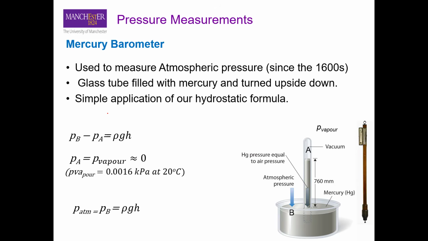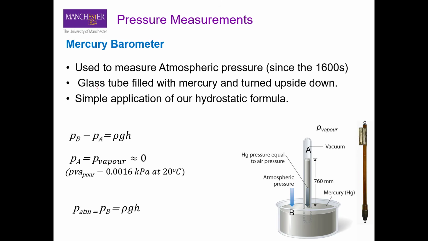So one of the simplest methods or devices to use for pressure measurement is what we call a mercury barometer. This is a device that has been in use since the early 1600s, and that is one of the reasons why atmospheric pressure is also known as barometric pressure, because that was one of the first measurements done to measure atmospheric pressure.